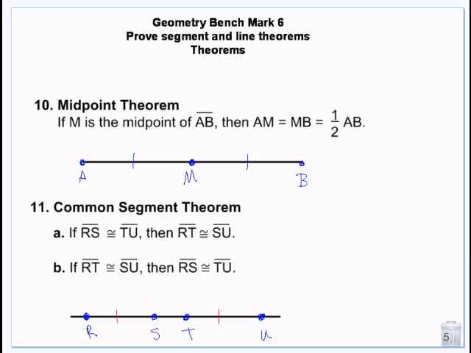RS and TU are the same length. Well, that would mean that RT and SU are the same length because you've added ST to both of them, right? So this adds ST. Oh, I should probably write that in a color you can read.